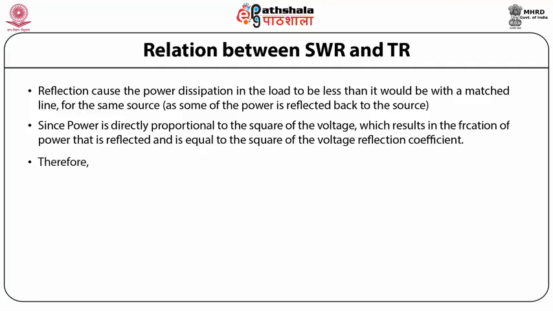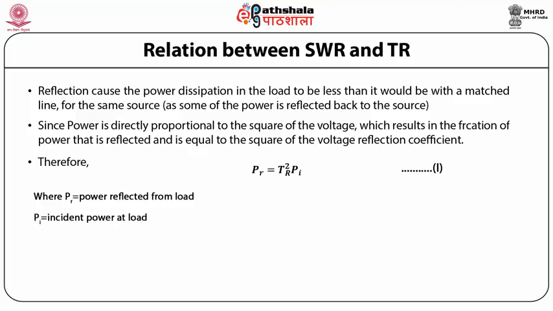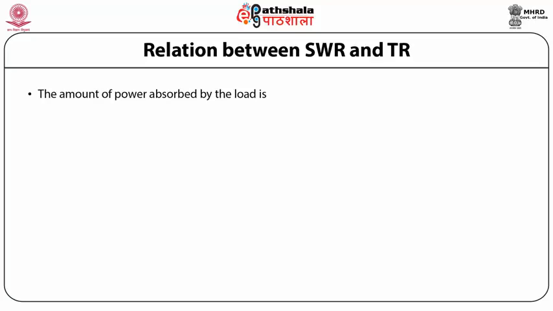Therefore, PR equal to gamma R square multiplied by PI, where PR is the power reflected from the load, PI is the incident power at the load, gamma R is the voltage reflection coefficient, and gamma R square is the power reflection coefficient.